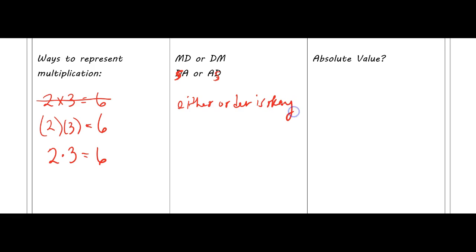Meaning that if you see multiplication, like let's say you see 2 times 3 divided by 4 or something like that, you're supposed to be doing multiplication, division, or division, multiplication. I would do this left to right. So I'd go ahead and group these first, then divide by the 4, okay?